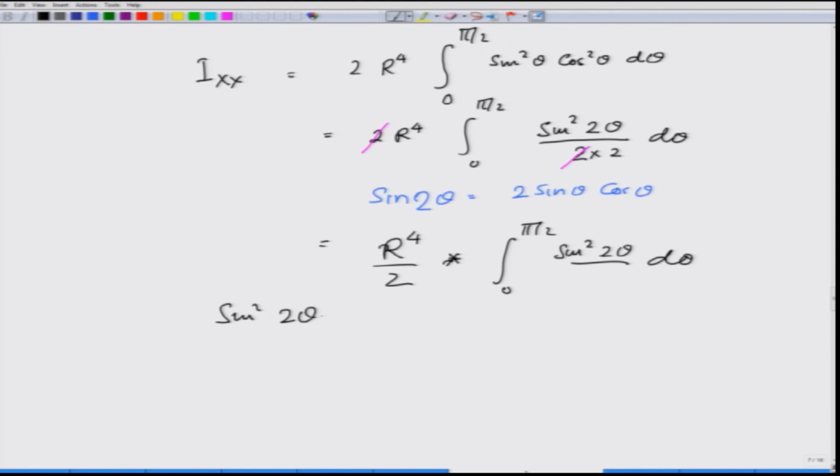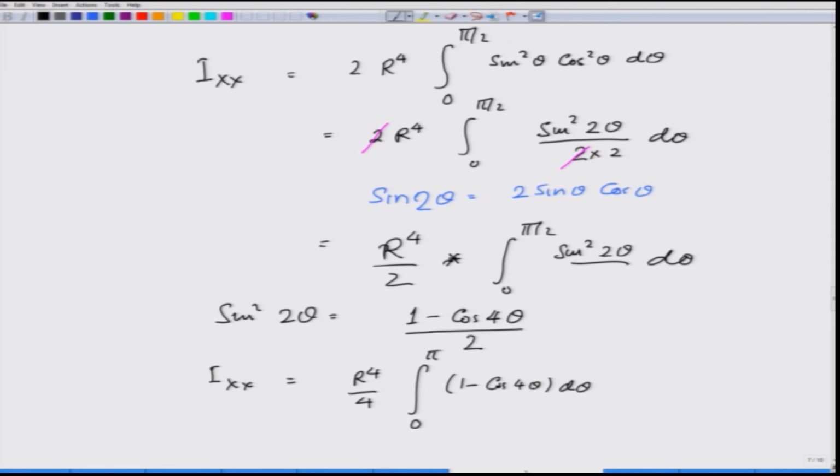Sine square 2 theta I can write as 1 minus cosine of 4 theta divided by 2. So, Ixx becomes r raised to 4 divided by 4 integral 0 to pi by 2 of 1 minus cosine 4 theta d theta. The second integral vanishes, this one vanishes. So, you get pi r raised to 4 by 8.